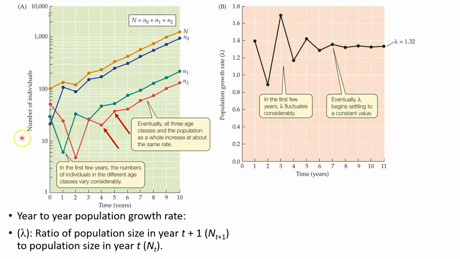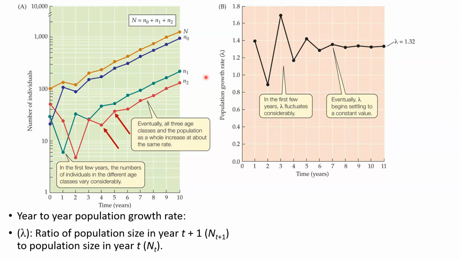Then there are four growth curves we are looking at over here. The idea is for me to show you how different age classes differ in their growth rates, right? So the red, green, and blue graphs correspond to different age classes, three age classes. And we can see that generally all three of them are increasing with time.